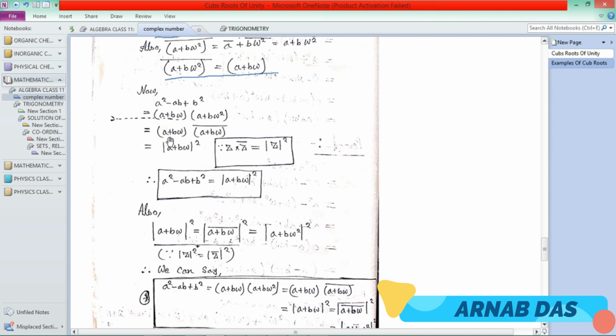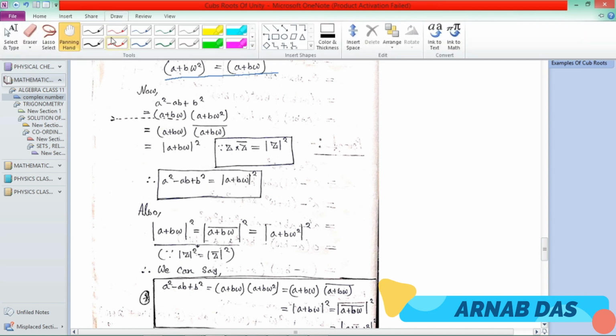So in this way a plus b omega into the bar of a plus b omega equals mod of a plus b omega whole square. So a square minus ab plus b square equals mod of a plus b omega whole square. This is a very important result.